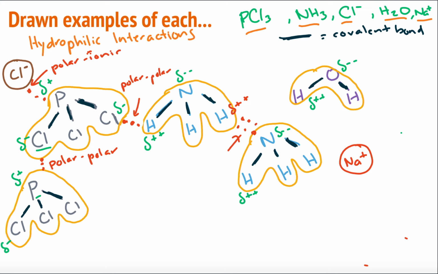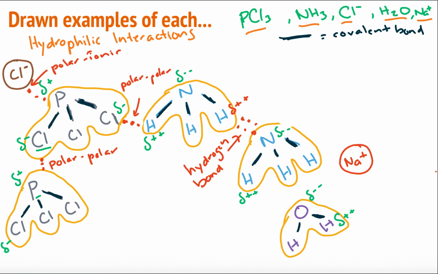So it's still a weak interaction compared to a covalent bond, but it's stronger than a general polar-polar interaction. And this one is what we call a hydrogen bond. As well as this nitrogen, the same nitrogen, if it connected to this hydrogen over here, it would also be considered a hydrogen bond as well. So that's sort of the idea.